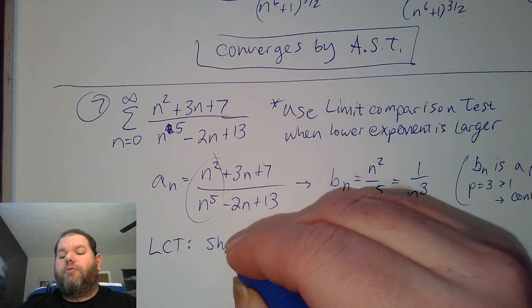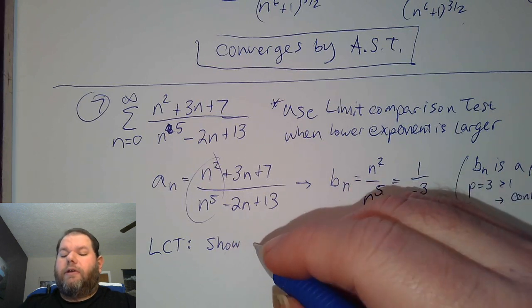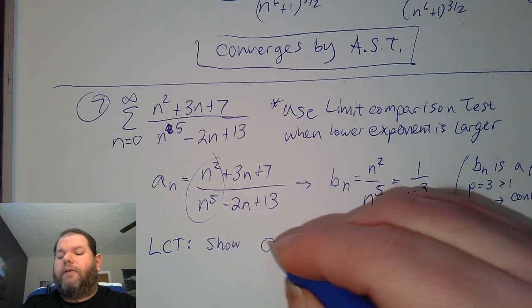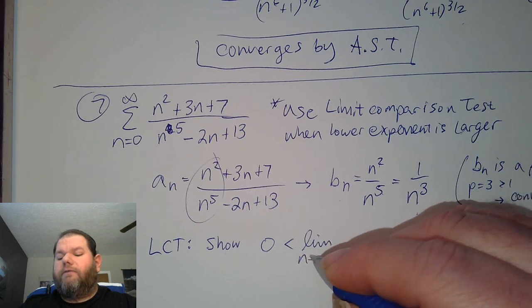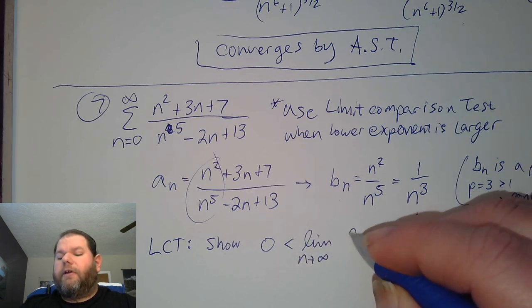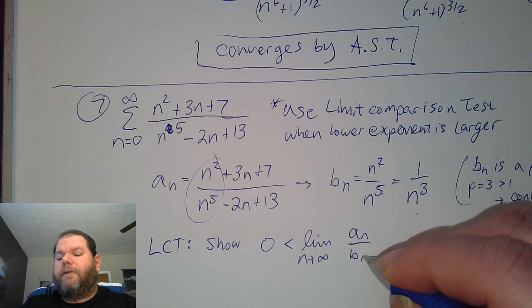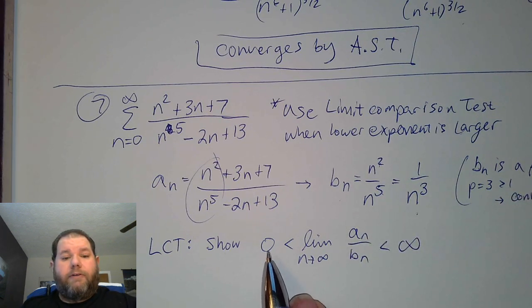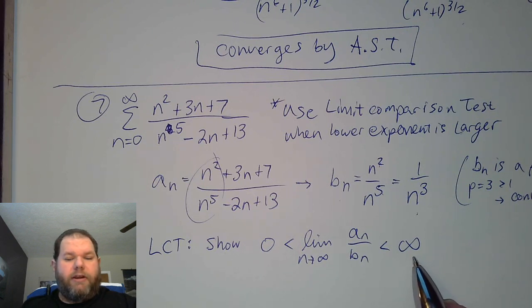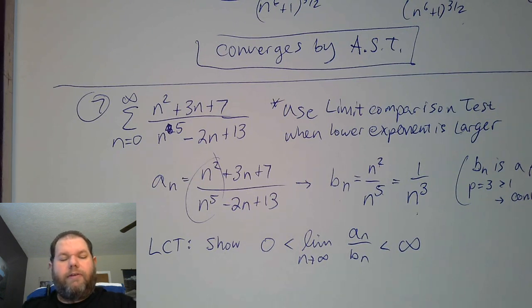we have to show that 0 is less than the limit as n goes to infinity of a sub n divided by b sub n, which is less than infinity. It has to be bigger than 0, and it cannot be infinity, so it has to be somewhere in between 0 and infinity.